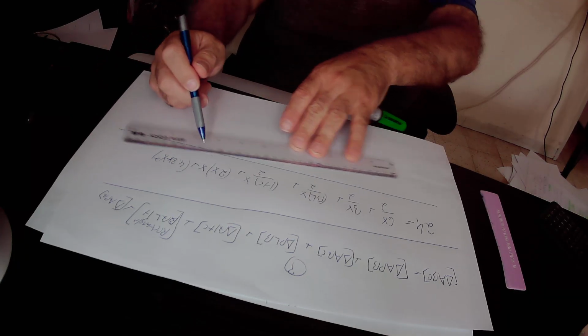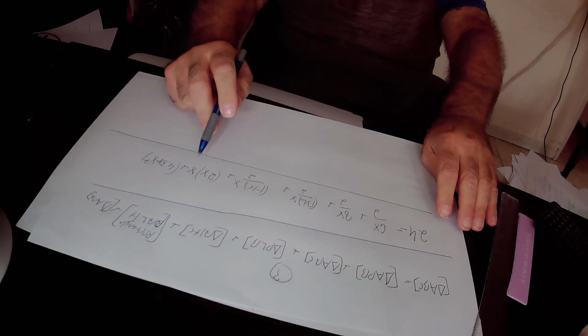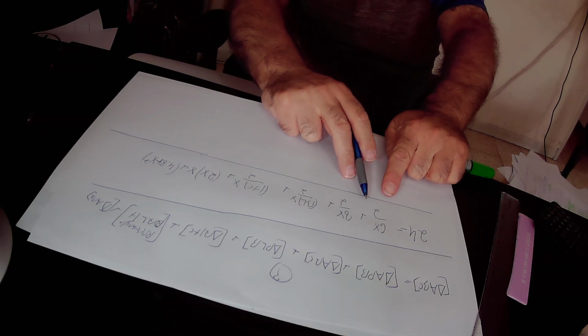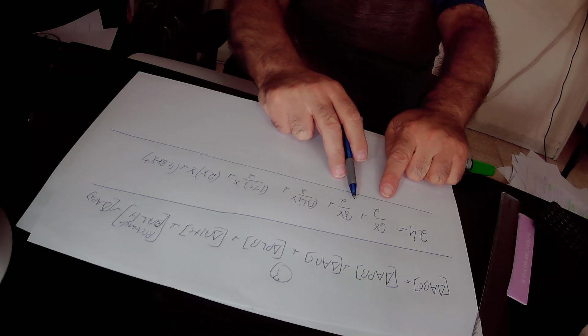You can see that on the other side of the equation, the only variable that we have here is x.